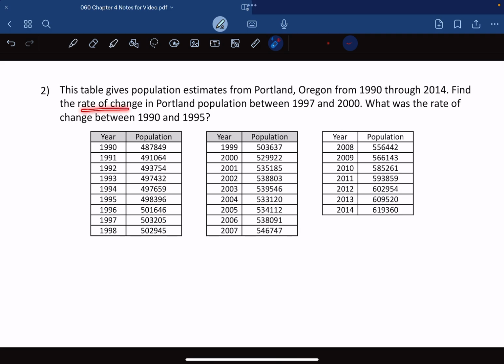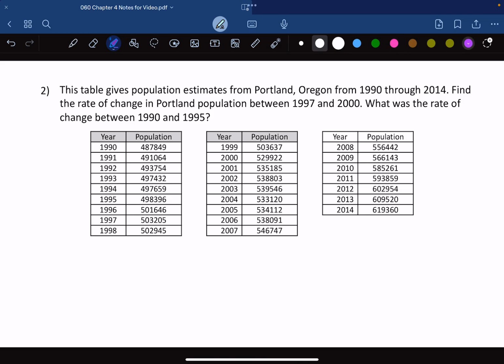It says to find the rate of change in Portland population in 1997 and 2000, as well as the rate of change between 1990 and 95. So this is two different sets of problems. So let's start with 97 and 2000.